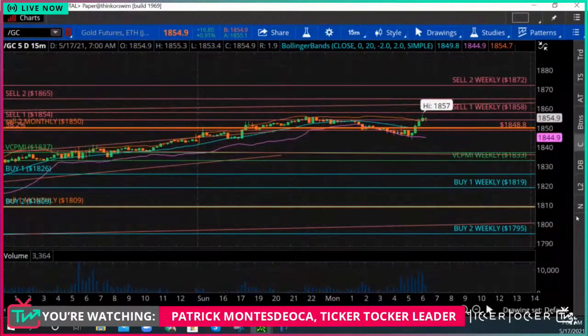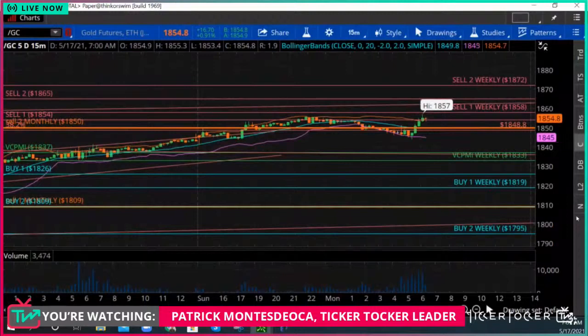As you can see, the market has completed the monthly target of 1850. It has completed the sell one level of 1854, and as we speak, it's completing that level with a high of 1857.